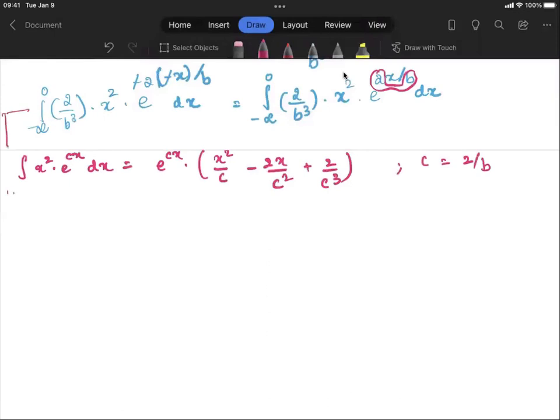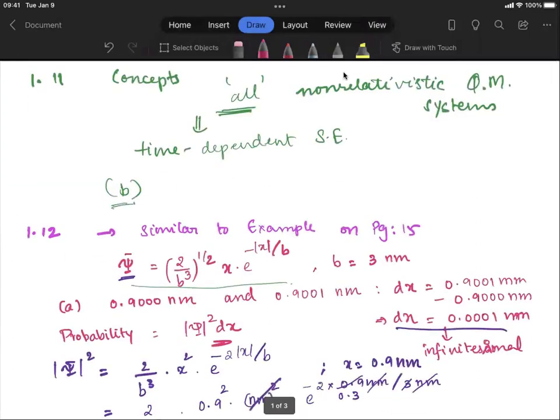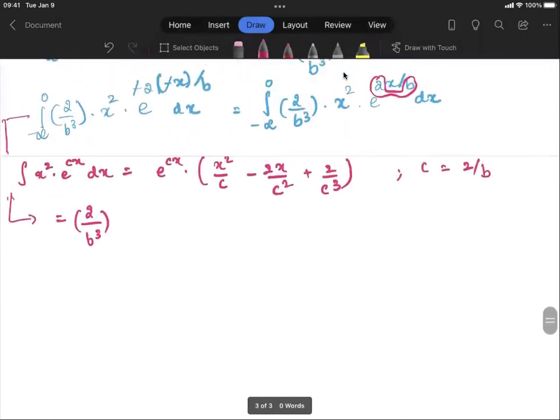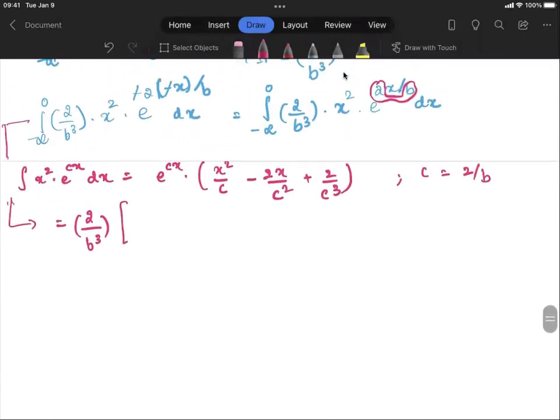So 2 over b cubed can be taken outside the integral, and I can write it as e to the power 2x over b times x squared over 2 over b, minus 2x over 4 b squared, plus 2 over 2 cubed, which is 8.